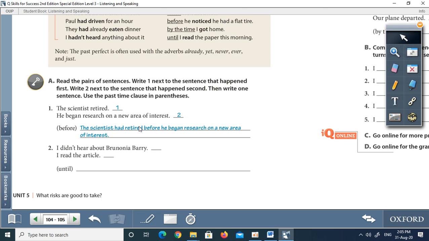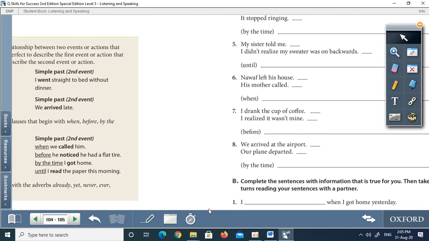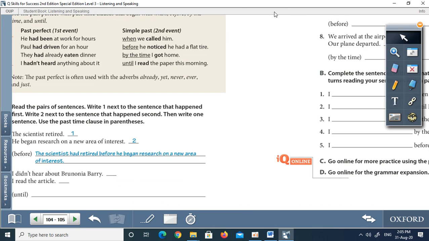And then we will combine the sentences. So what I need you to do is go through all of these sentences and put 1 against the action that happened first, 2 against the action that happened second, and then write the full sentence underneath using that conjunction to join those 2 sentences.